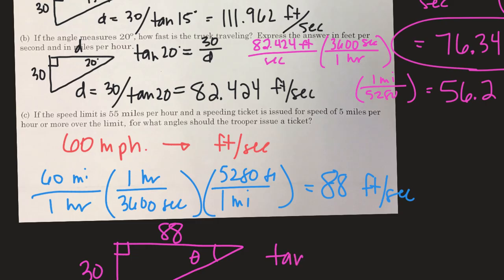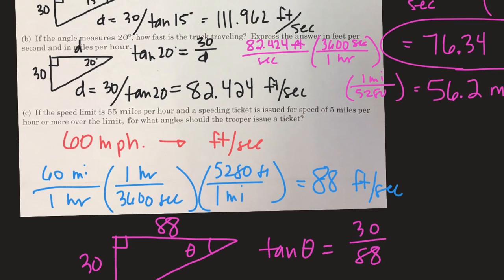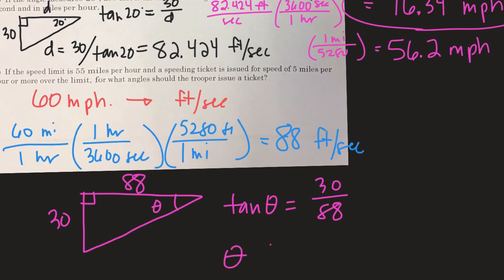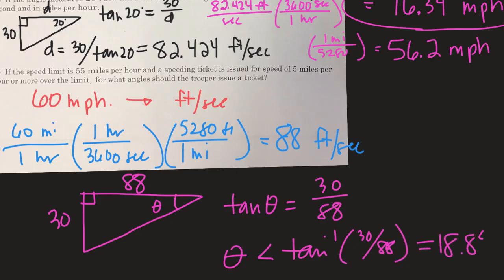So the tangent of theta equals 30 over 88. So our angle has to be less than the inverse tan of 30 over 88. Okay? So the inverse tan, that's how we find an angle, of 30 divided by 88 is 18.8 degrees. So as long as that angle that the officer found is less than 18.8, you are not speeding.